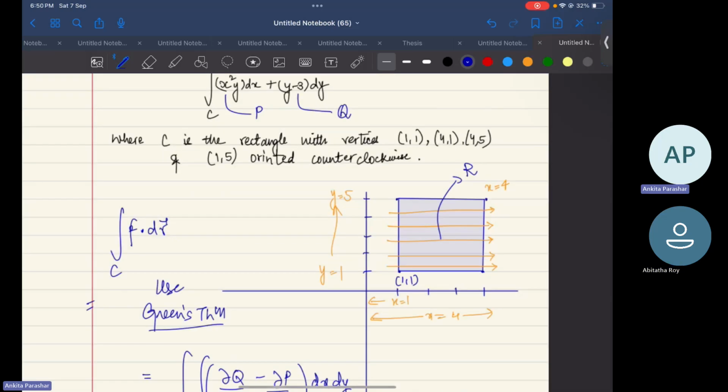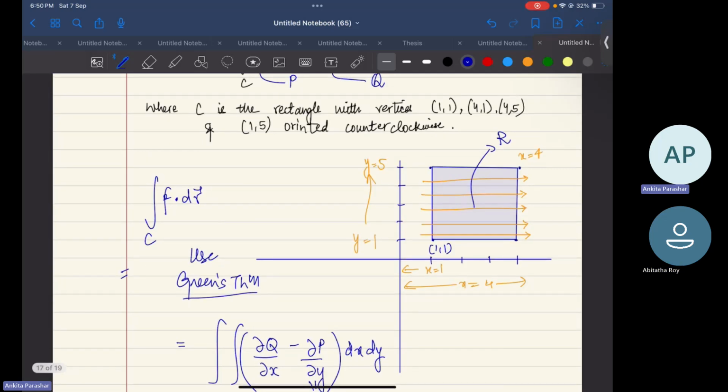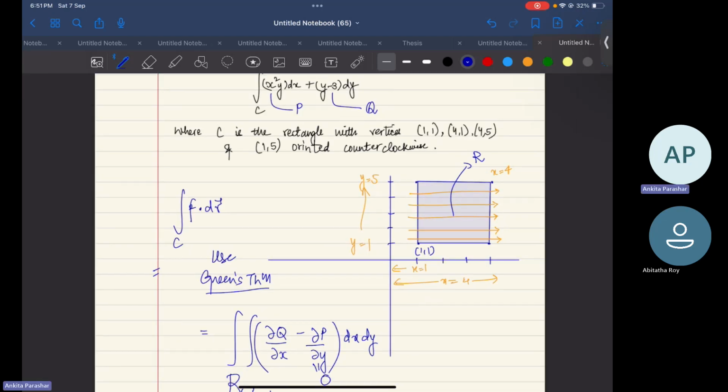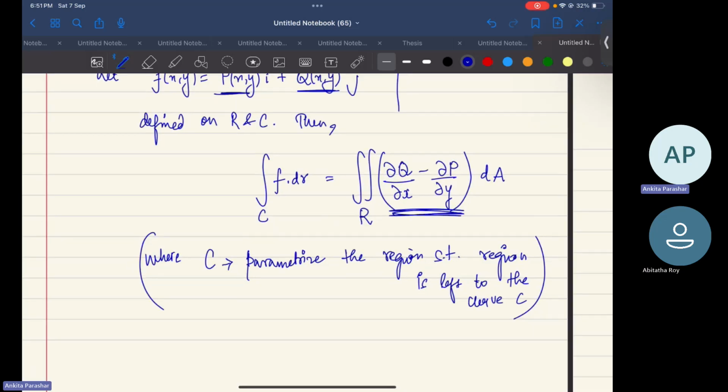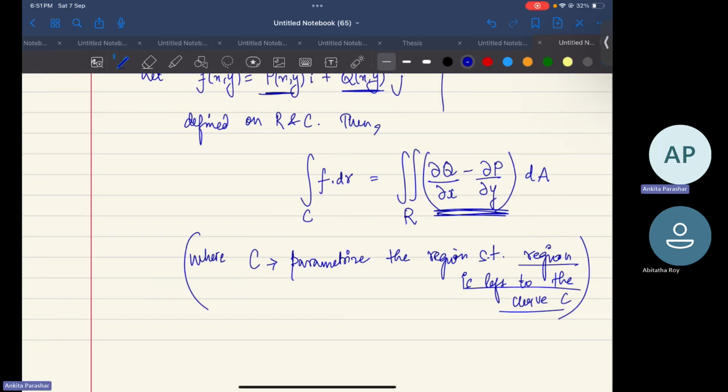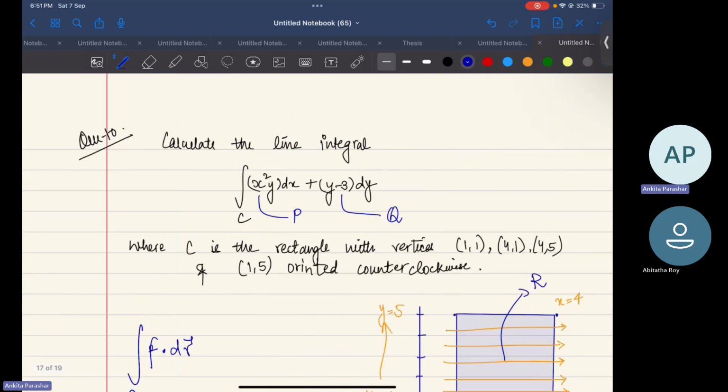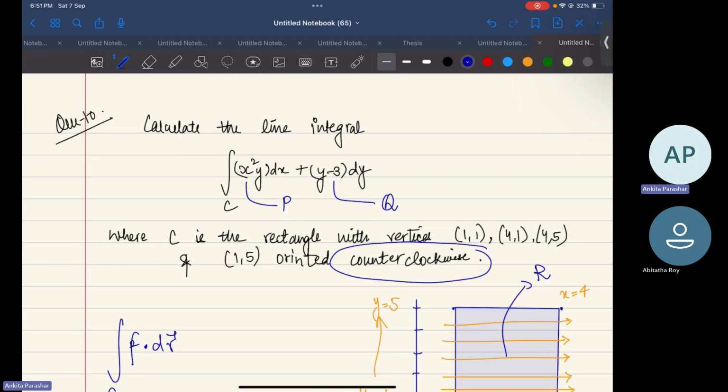It depends on the orientation. Did we really orient it? You remember we followed the notation that in Green's theorem itself, the region is traversed counterclockwise, meaning the same direction, the same orientation.